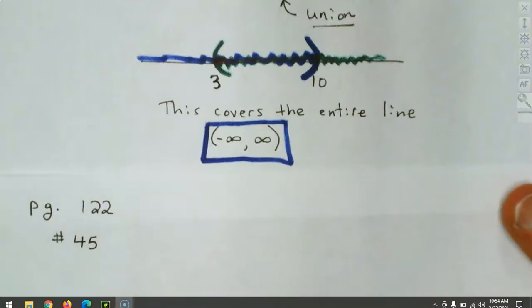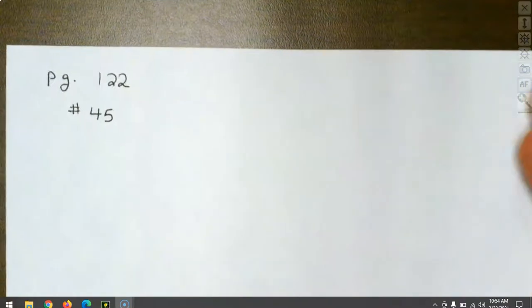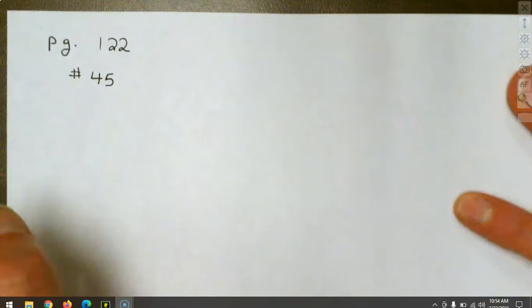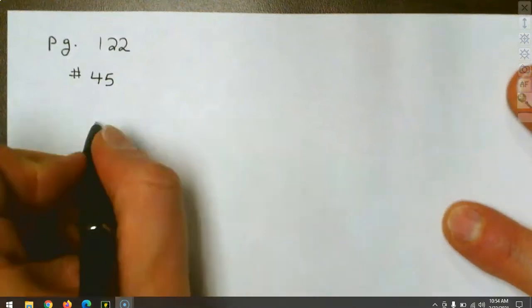So, 122, question 45, this is an or. We'll do some ands and we'll do some ors. I want to mix them up because that's how your homework is done. They're all mixed up. So we'll do this or first.